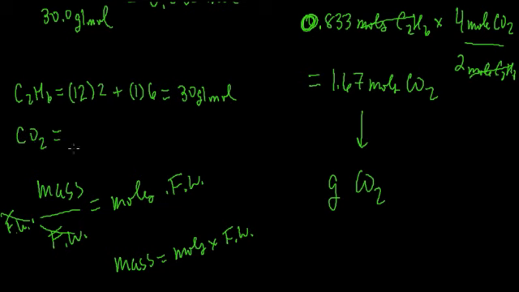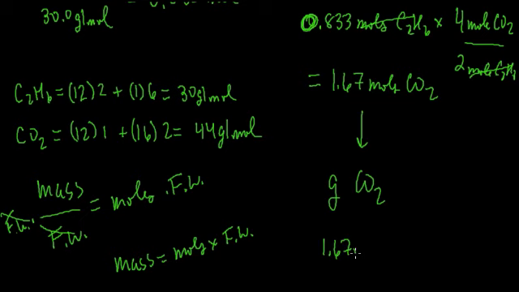CO2. We have 1 carbon atom, that's 12 grams per mole, and we have 2 oxygens, they're 16 each, for approximately 44 grams per mole. Well, moles times formula weight: 1.67 moles of CO2 times formula weight, 44 grams per mole, gives us what?